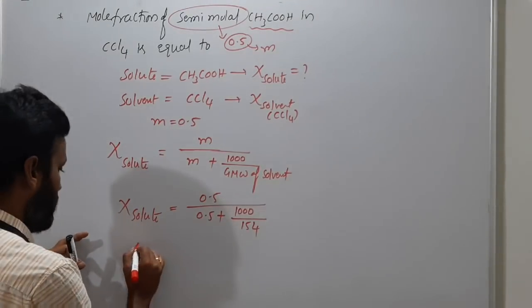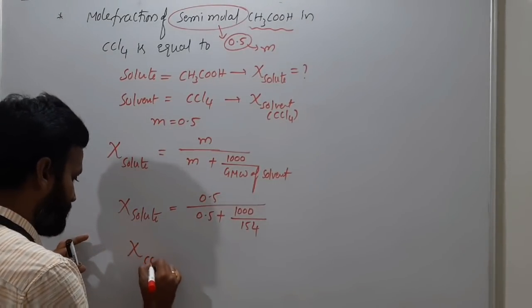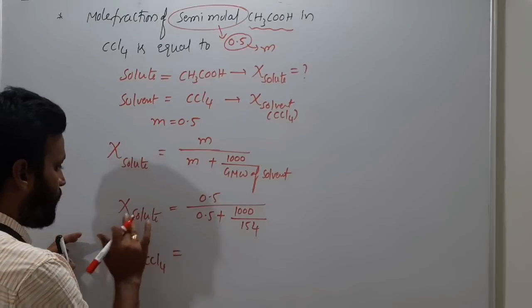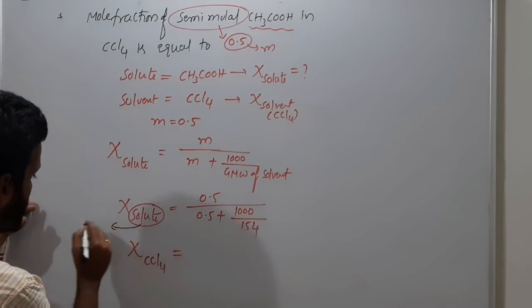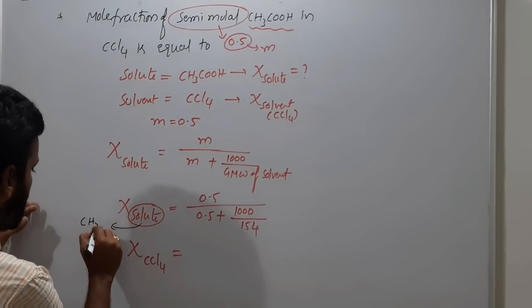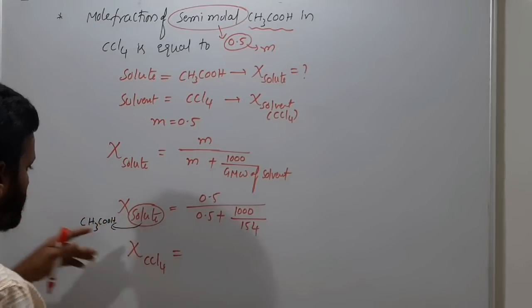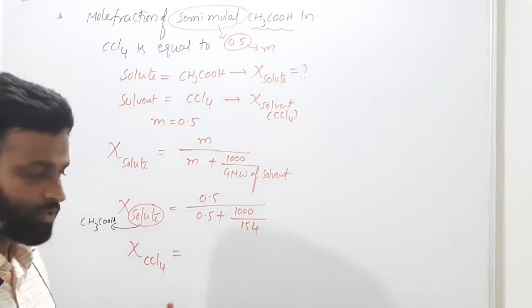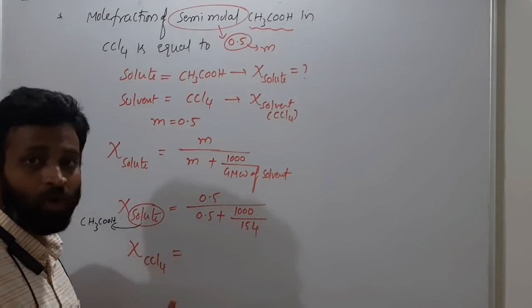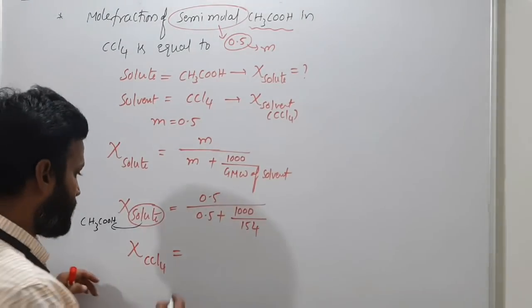If they ask what is the mole fraction of CCl4, then who is solute here? This solute means CH3COOH. Mole fraction of acetic acid means mole fraction of solute. Don't get confused. Okay, mole fraction of solvent means mole fraction of CCl4.